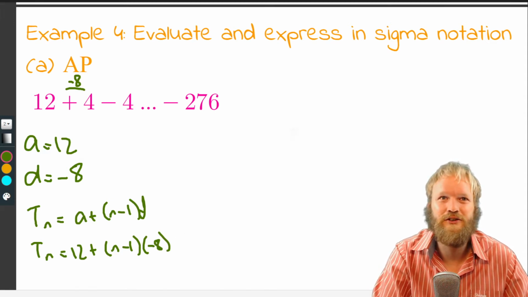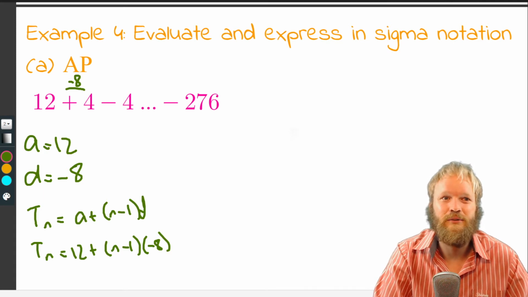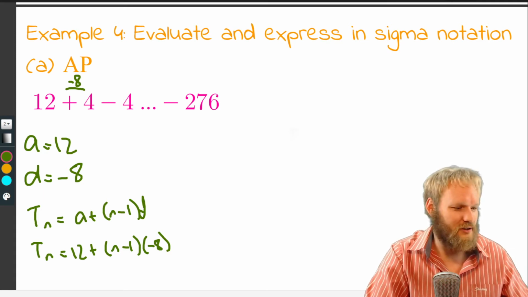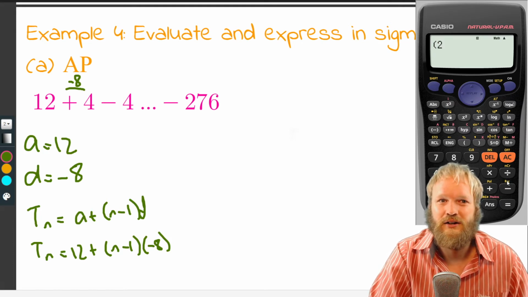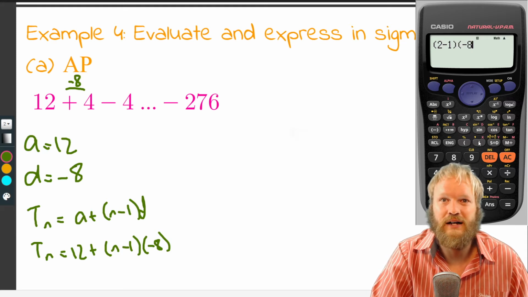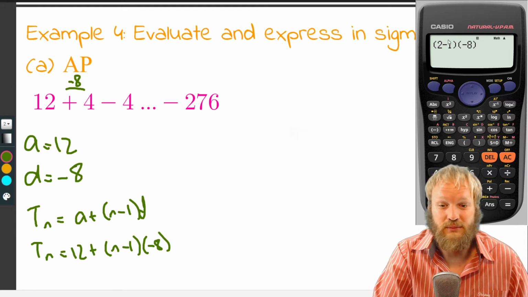It has been picked up a few times that if we put something like this in our calculator and we didn't have that one in the brackets, and you had something like 2 minus 1, and then you had -8, just be careful because that means subtracting 8, whereas actually you wanted a -8 so that we multiply.